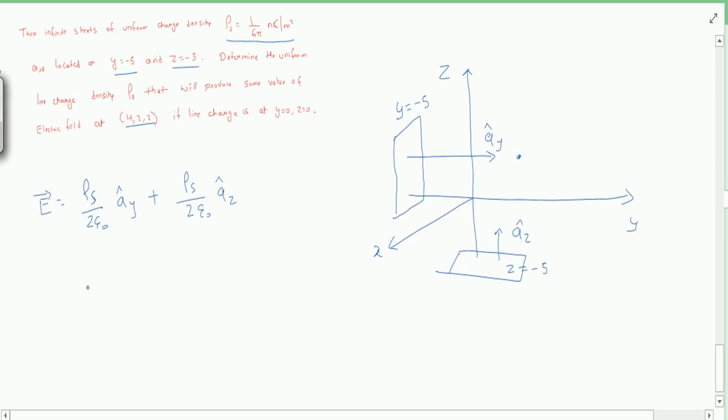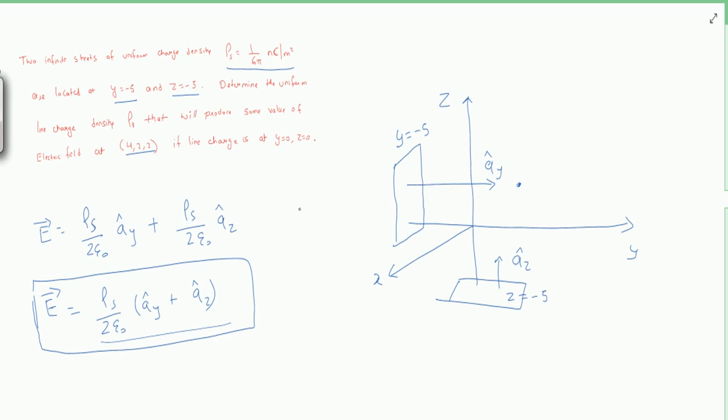You can take this out: rho s by 2 epsilon naught into ay cap plus az cap. This is the value of E due to the surface charge density.